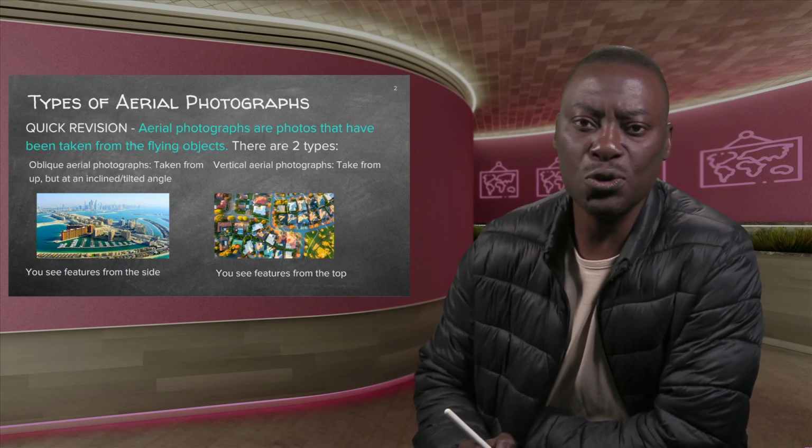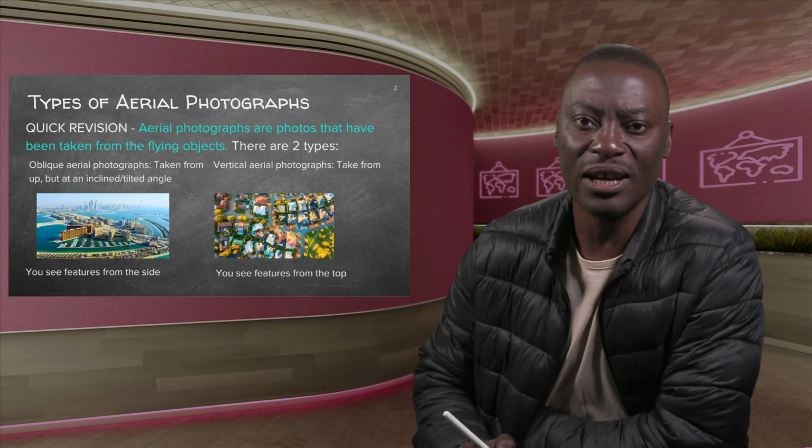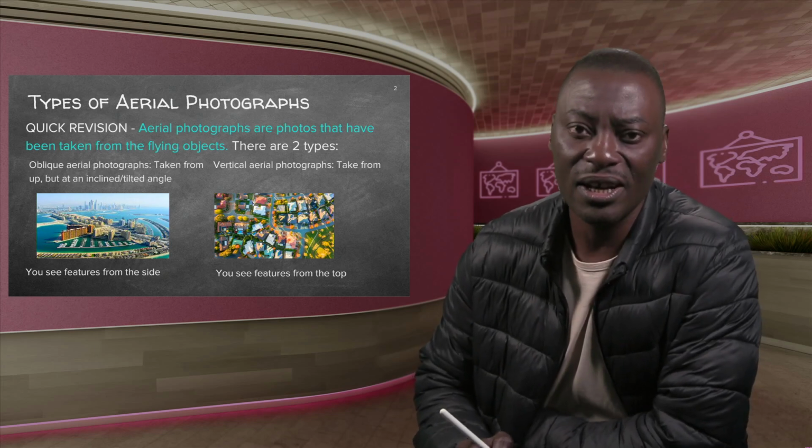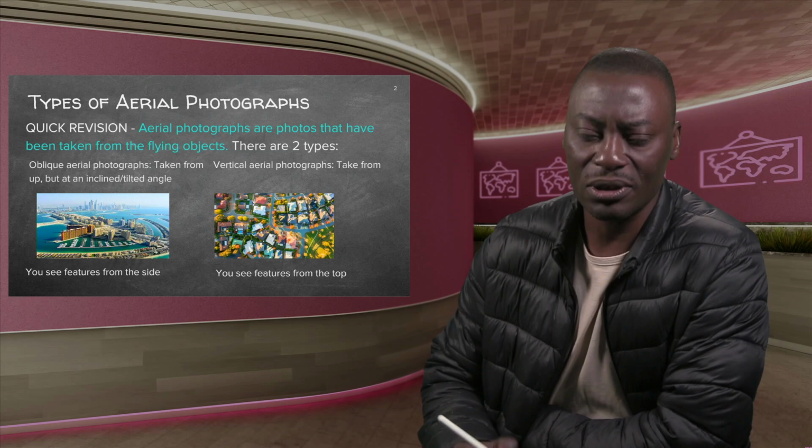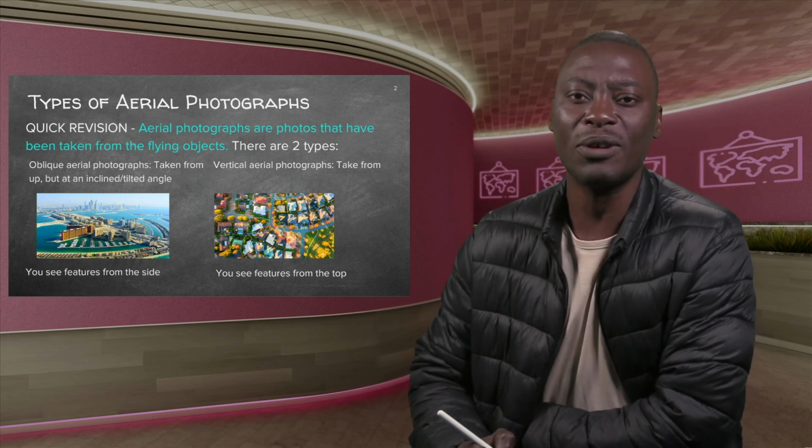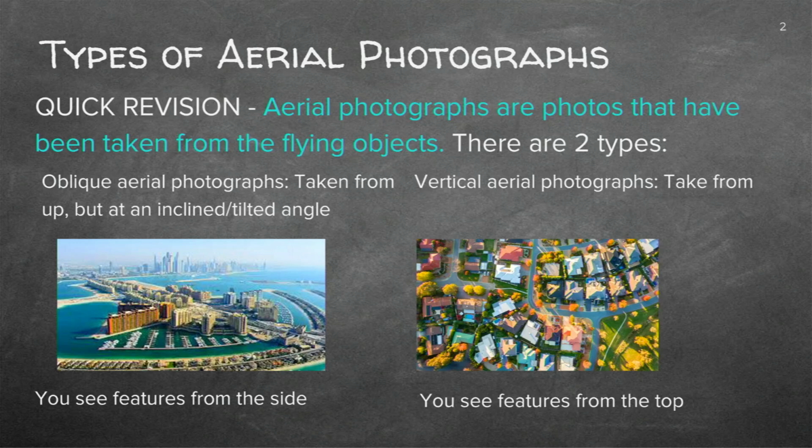photographs. And there are two types of aerial photographs that you must have learned. If not, then I will show you today. The first type is what we call oblique aerial photographs. These are photographs taken from flying objects, but in such a way that the camera lens is skewed or tilted at an angle.